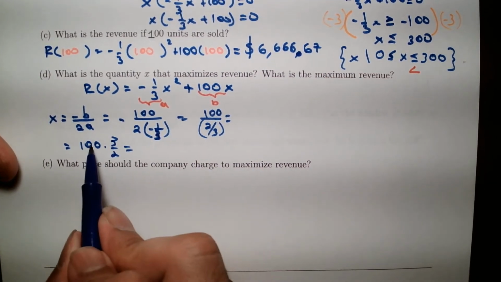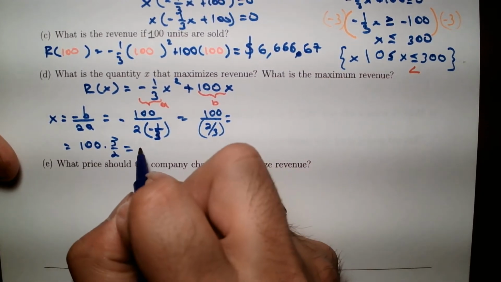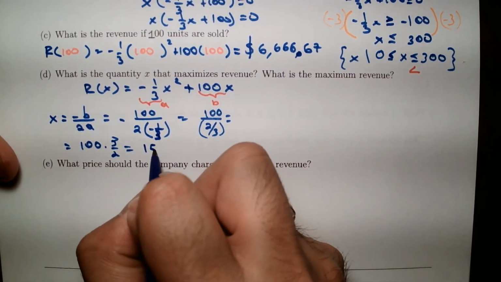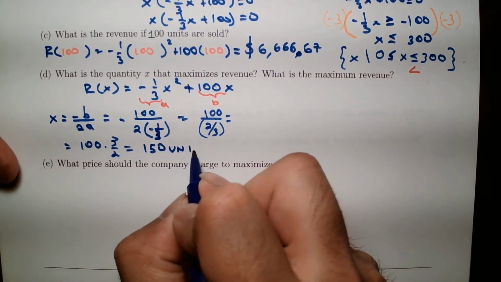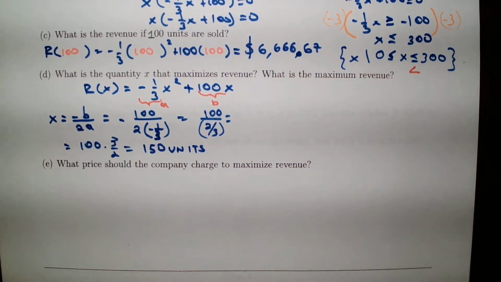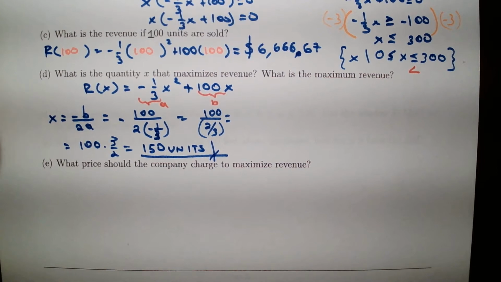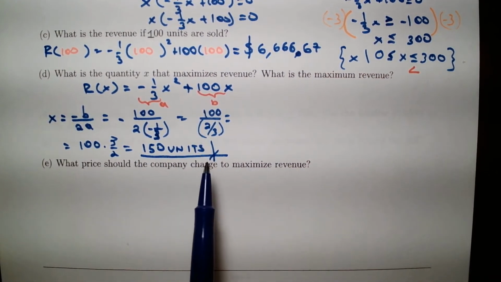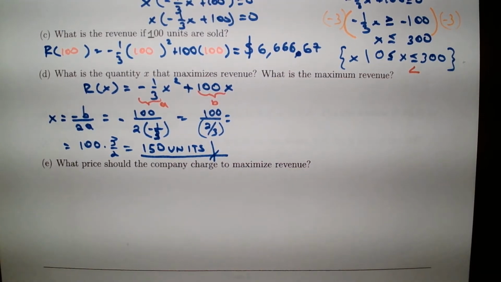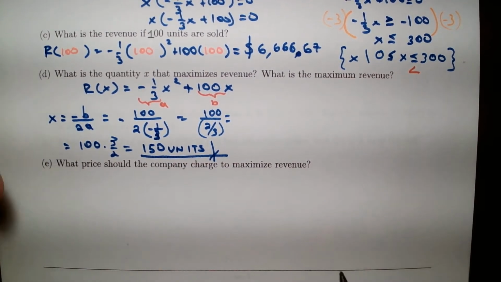Simplifying this, we get 100 over 2, that's 50. 50 times 3, and that's 150. So in this case, let's call this units. They are not specifying what they are. So that means that if we sell 150 units for this particular model, this amount is going to make our revenue the maximum.